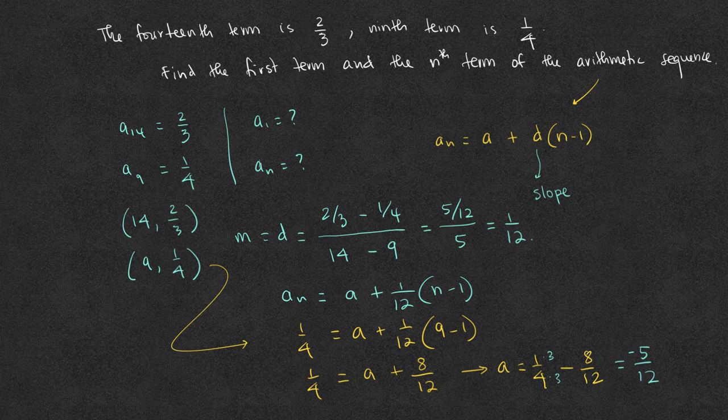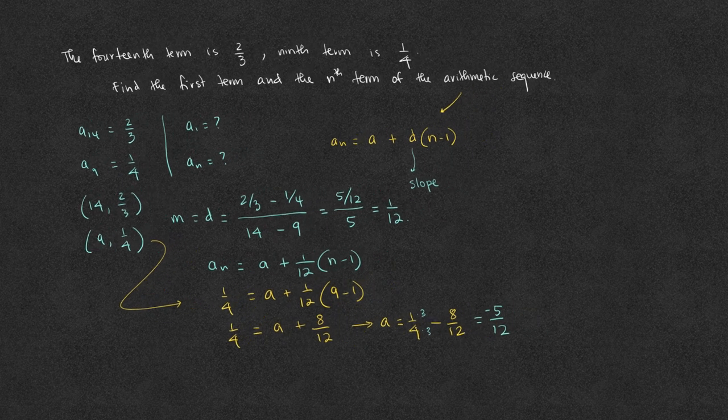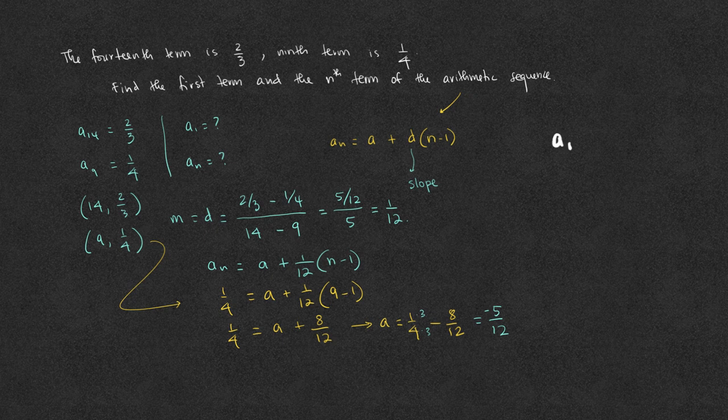The nth term formula, or simply put, the n terms of the arithmetic sequence, is therefore a sub n equals the initial term, a, we found that is negative 5 over 12, plus the common difference, which is 1 over 12, times n minus 1.